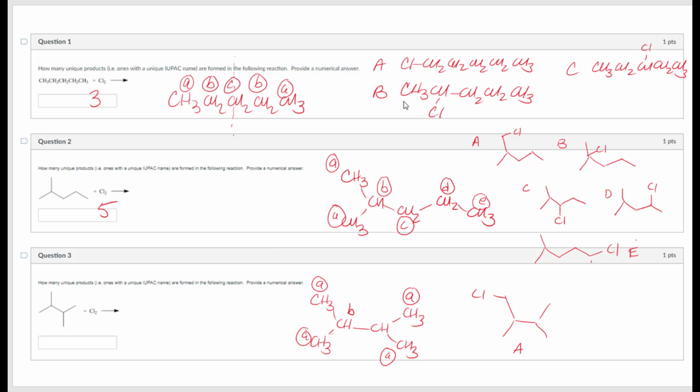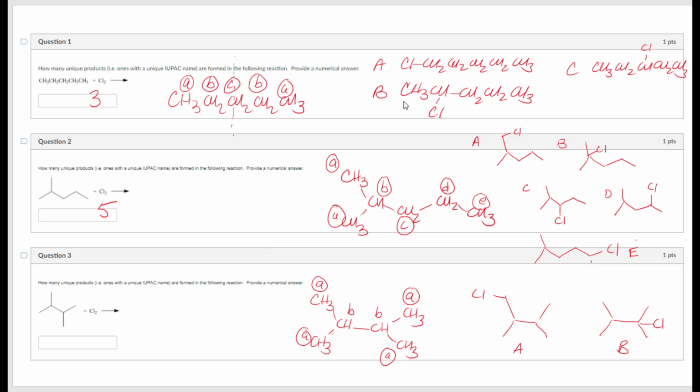And then the two CH2s would both give the same product, which would be 2-chloro-2,3-dimethylbutane, which would be a new molecule.